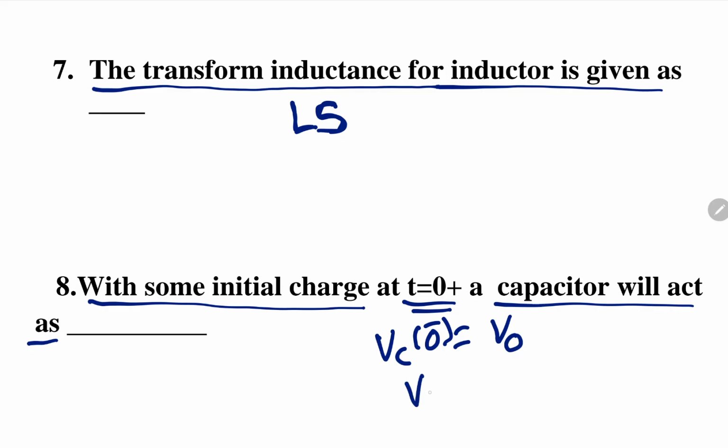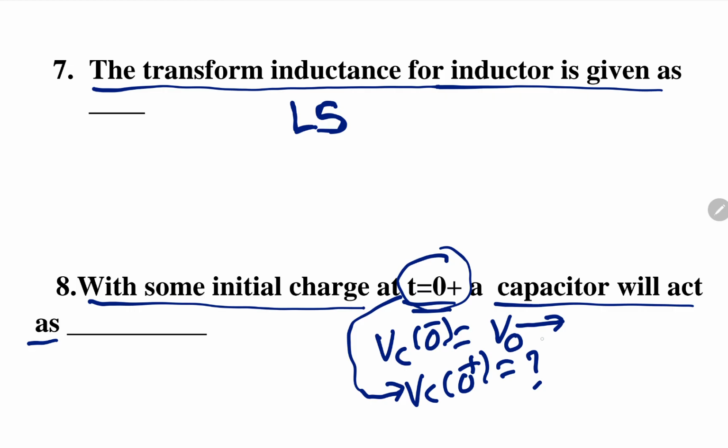Then here it is asked, what is VC of 0 plus? We know capacitor does not allow sudden changes in voltage.